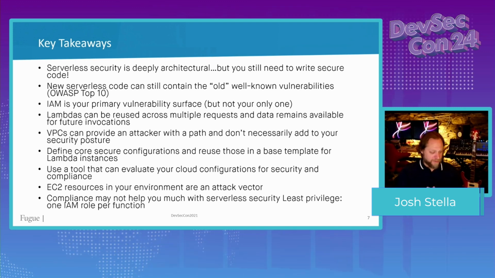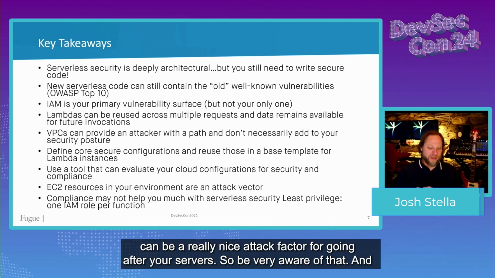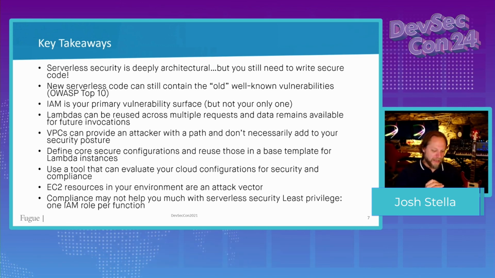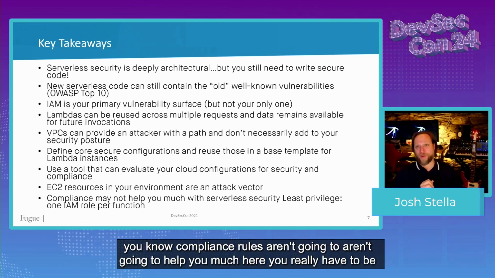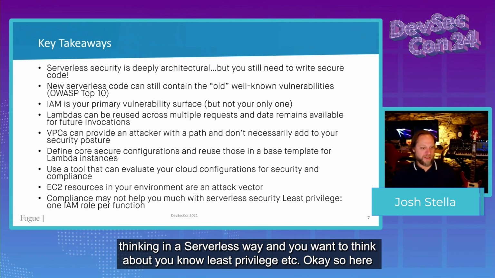There are other vendors. Oh, right, EC2 resources that are sitting in your environment can be a really nice attack vector for going after your serverless. So be very aware of that. And compliance rules aren't going to help you much here. You really have to be thinking in a serverless way, and you want to think about least privilege, etc.